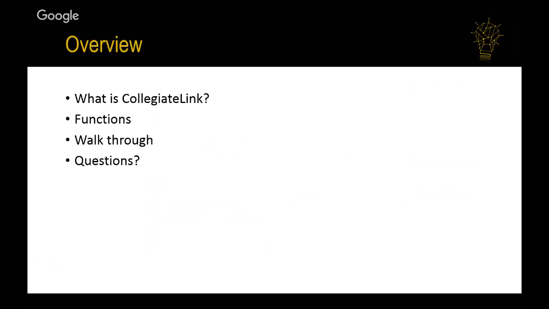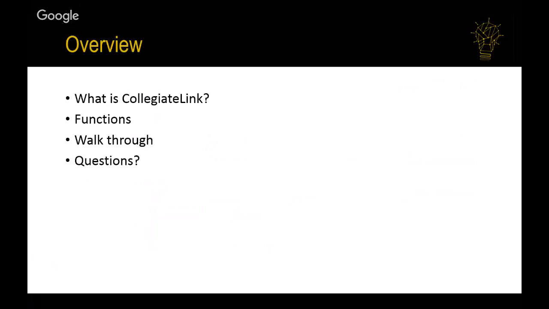And then we will be doing a walkthrough. I will actually pull up CollegiateLink, and we will be able to show you live how each of those things work and how you can utilize some of those functions. And then, as I mentioned, questions, we'll have time at the end, and we can go through those if you have any.